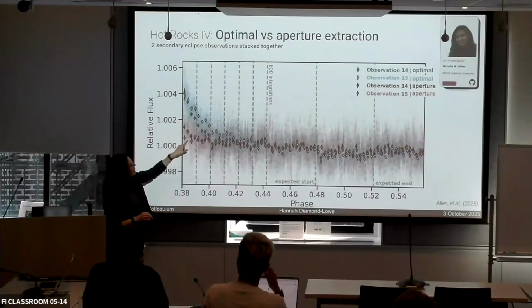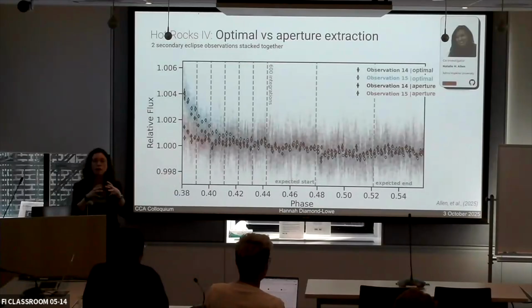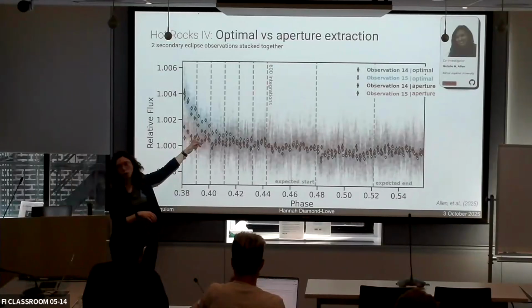So the idea is you'd think the optimal extraction would do better. It's supposed to downweight pixels with less flux, and therefore you increase your signal because you're upweighting pixels with more flux, higher signal to noise. This apparently breaks down if you have more systematics in your high flux central pixels, which is what we think is going on here.